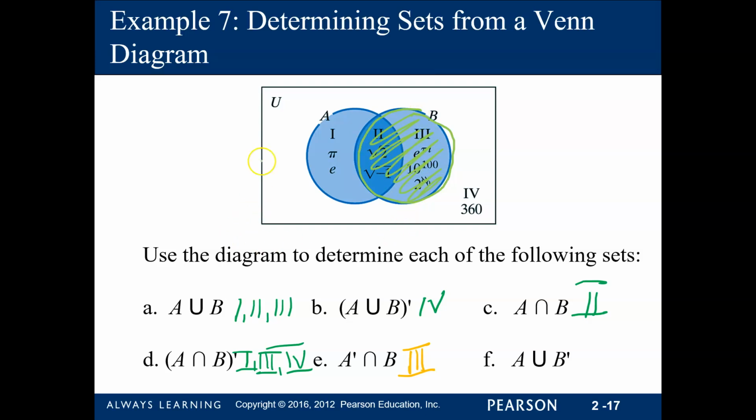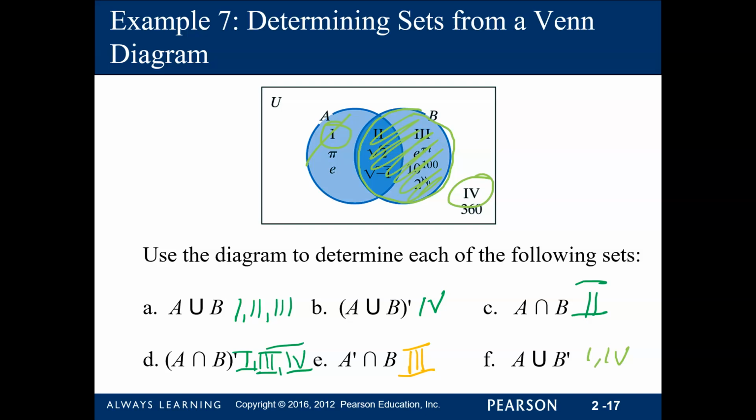Set A is going to be area 1, and then not B is area 1 and area 4. So in this case, the union would be area 1 and area 4. Okay? Area 2 is not included because area 2 is part of B. So there's only 2 areas being described in here.